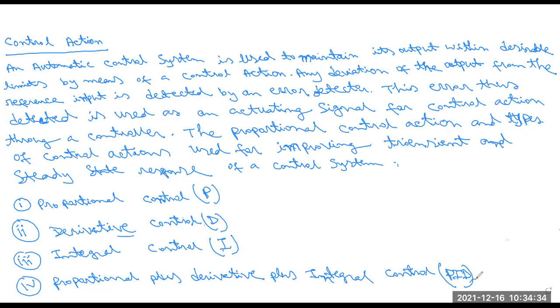Sometimes we also have to know the proportional integral controller, with P for proportional and I for integral. So we always also use the proportional integral controller. These are the different types of control actions we use in our control systems or industries.